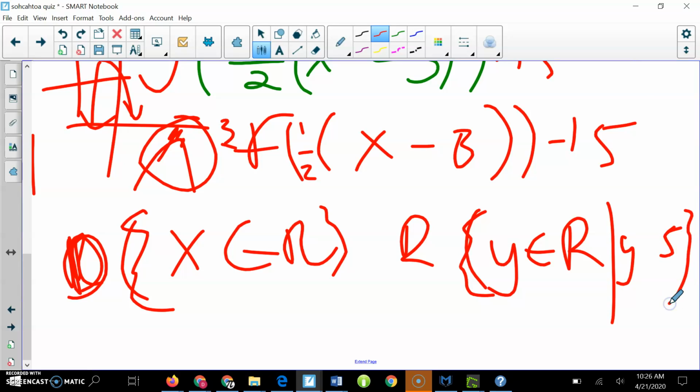That's the max value, and because it's opening down, it's less than or equal to 5. So that's your domain and your range. A little bit sloppy there with the writing, but hopefully you get it. The domain belongs to the real numbers, and the range y belongs to the real numbers, or y is less than or equal to 5. Hopefully that makes sense.